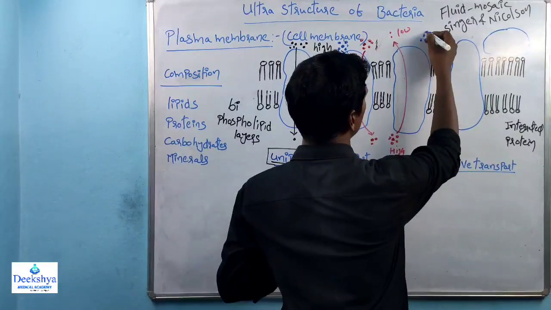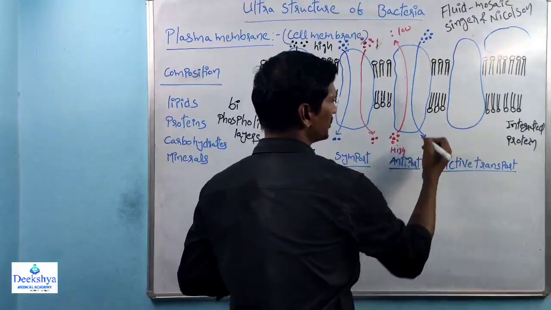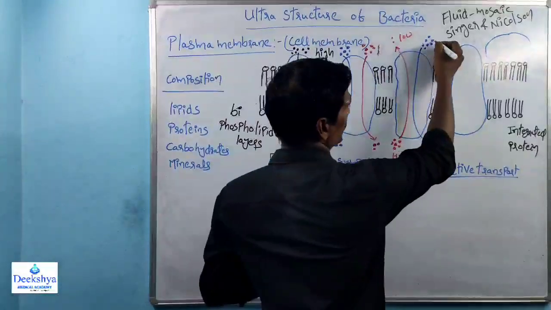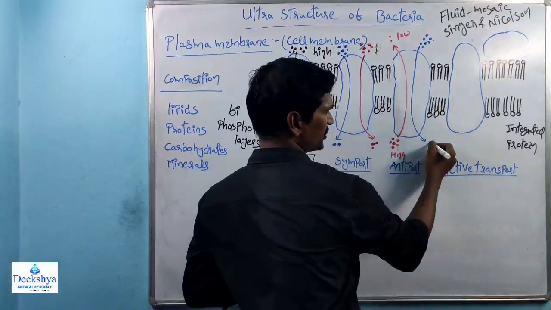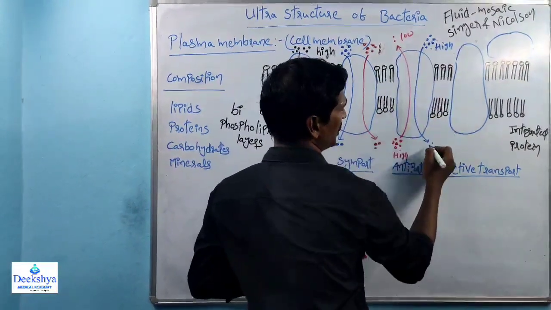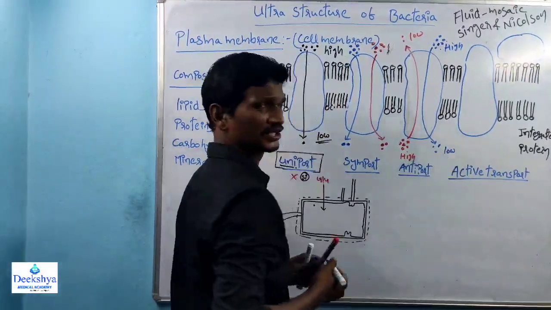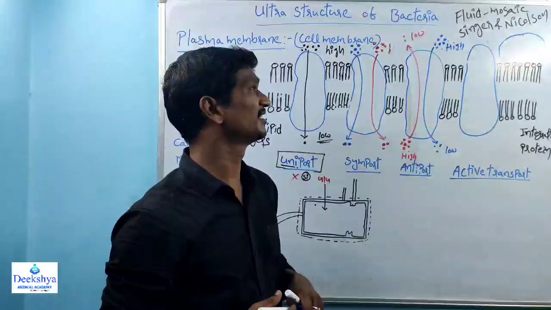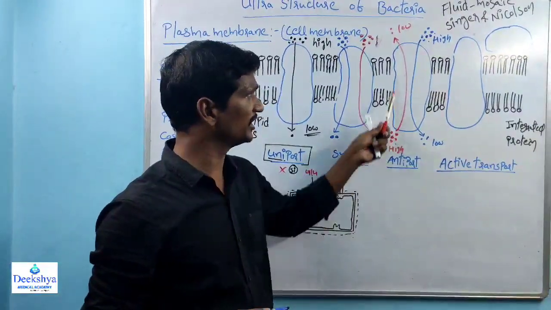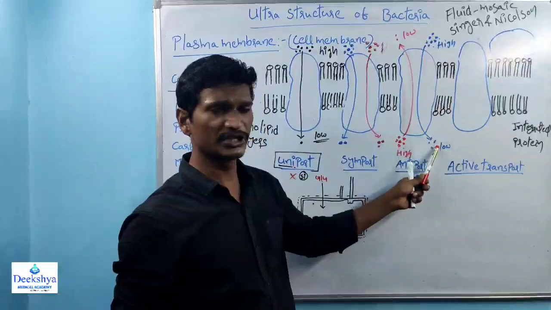Here are the blue color molecules. The blue molecules are transported from this region to this region. This one is the high concentration region and this one is the low concentration region. So one type of molecule is transported in one direction, and another type of molecule is transported in the opposite direction.